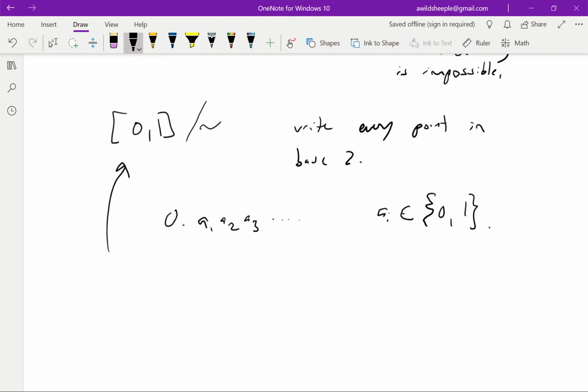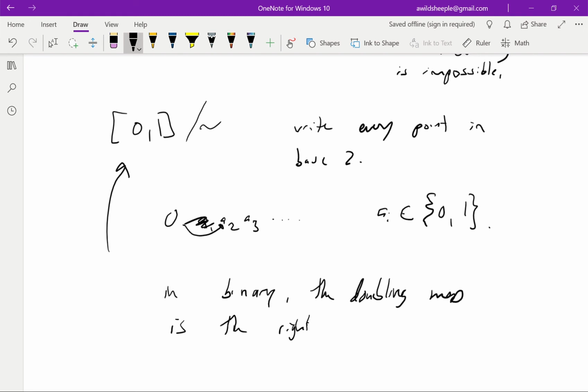So if I move my binary decimal point, then I delete what follows it, because I'm not interested in that stuff anymore. Everything is mod 1. So in binary, the doubling map is just the shift map. In particular, it's the right shift.